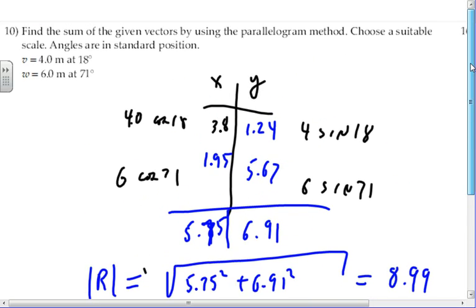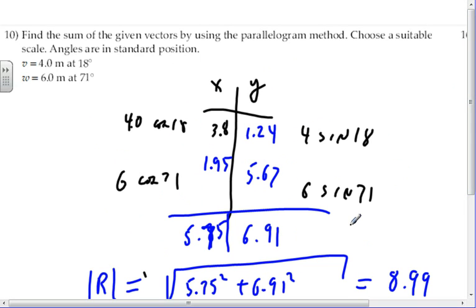The other thing I would do is just use my calculator to add them. So I would say 4, second function complex angle 18, plus 6, second function complex angle 71, and just hit the return key.